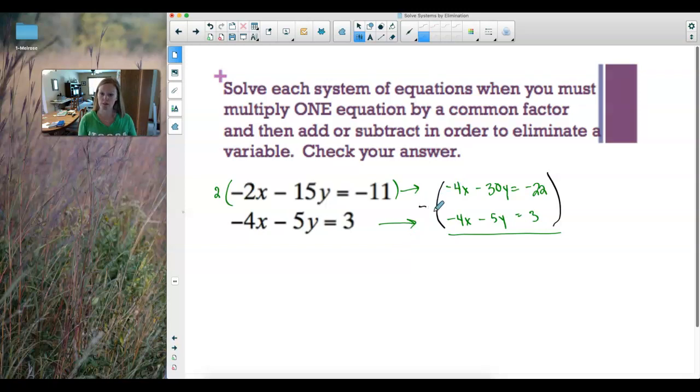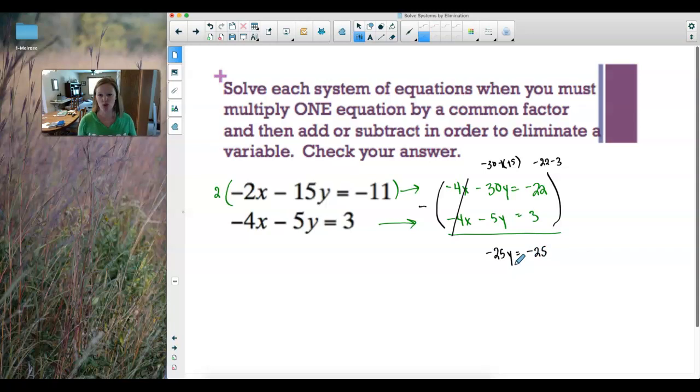Negative 4 minus negative 4, those get eliminated. Negative 30 minus negative 5, keep change, that is negative 25y. And negative 22 minus 3 is negative 25.